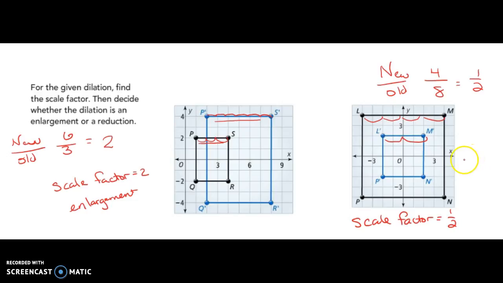And so we know it is a reduction because we have a scale factor that is a half, which means it's getting smaller. Looking from our old one to our new one, it has gotten smaller, which makes it a reduction. Where the first one over here we have going from our small to our bigger one, so it makes it an enlargement.